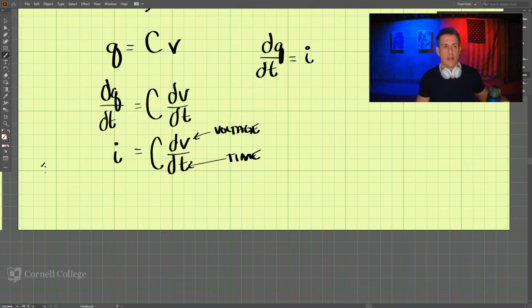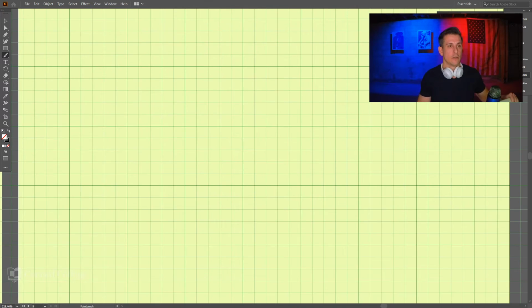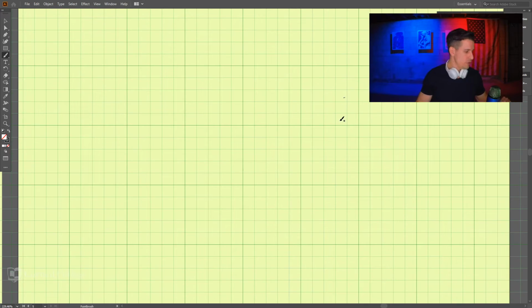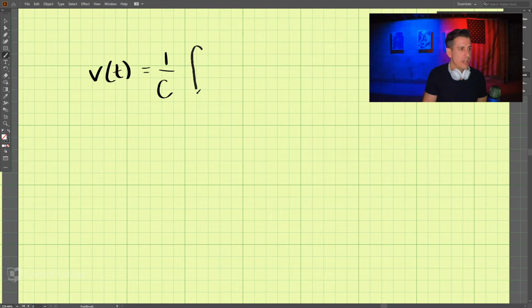And likewise, if we want to find the voltage as a function of time, we can take 1 over the capacitance and integrate from negative infinity to time t of I with respect to time.